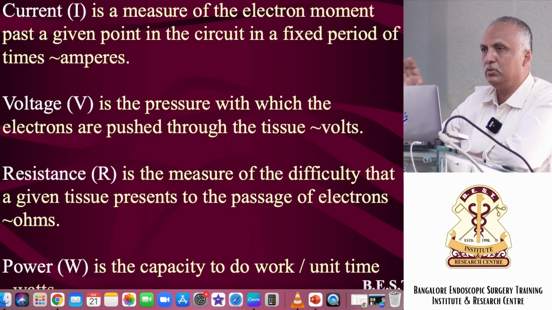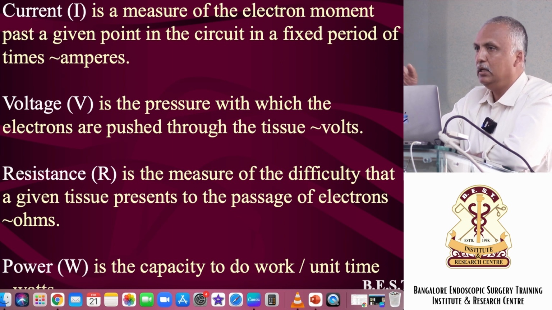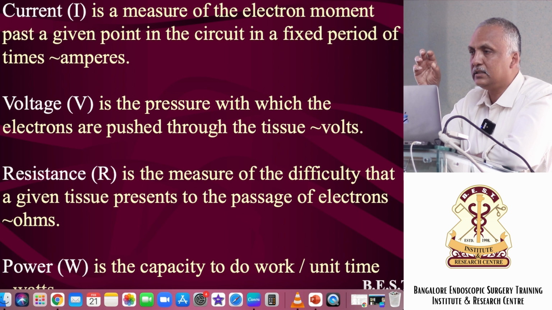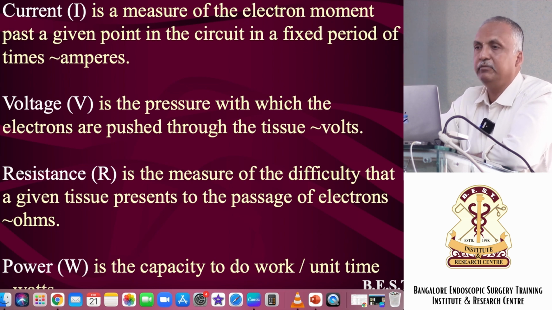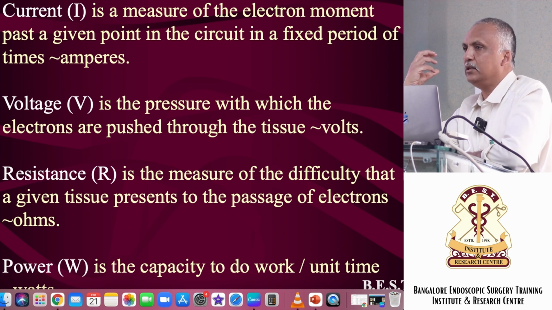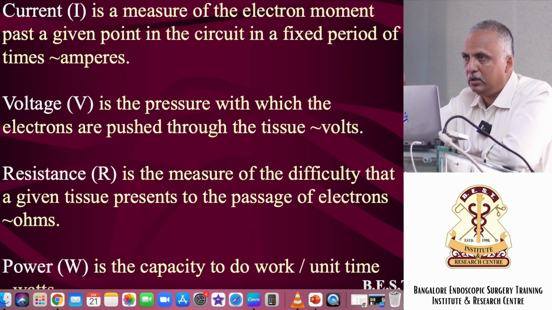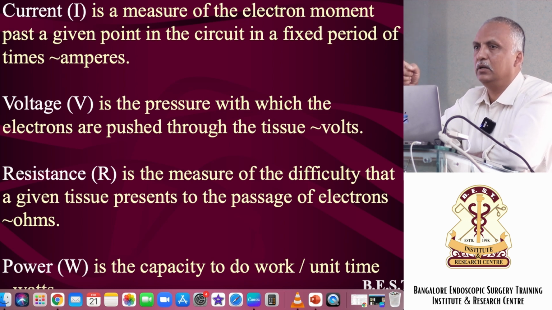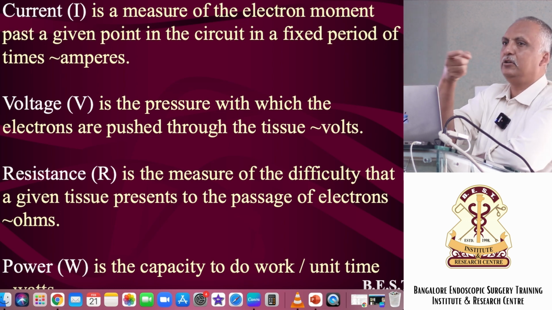When you use it on different tissues, you can reduce the power if the tissue does not have much resistance. If you are using it on fat, you have to increase the energy. How do you increase it? Every time you don't go to the diathermy machine; all that you do is hold the instrument there for a little longer and allow the fat to burn.